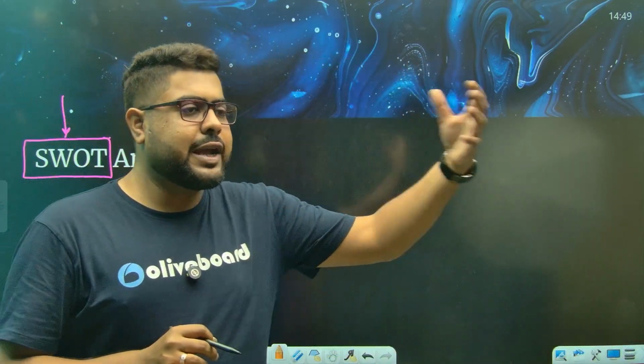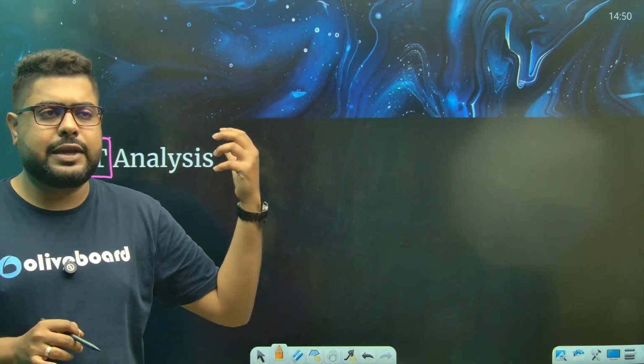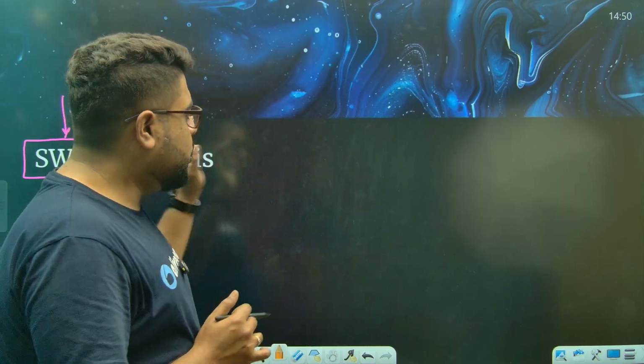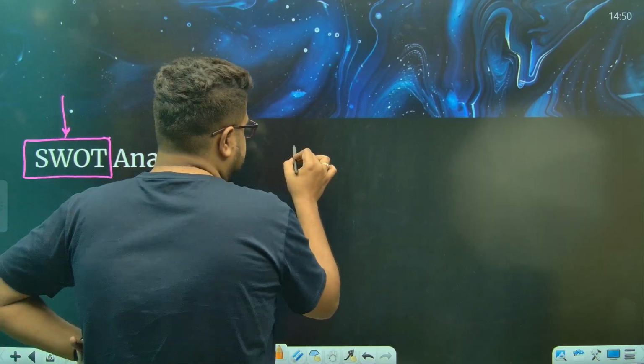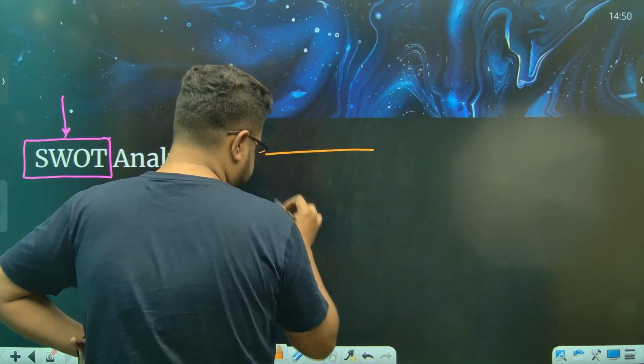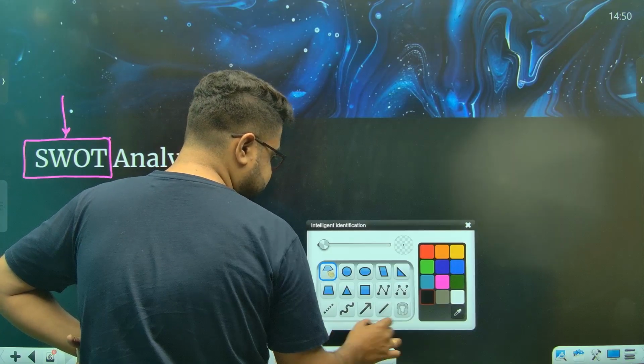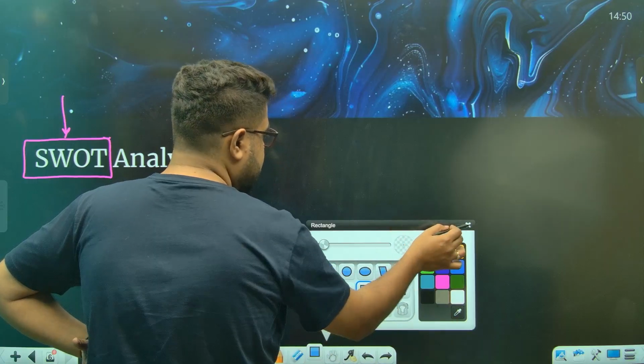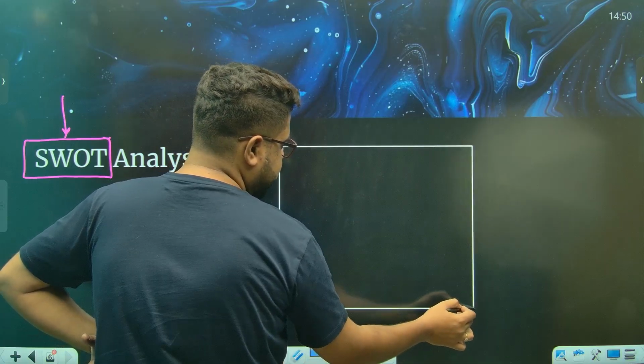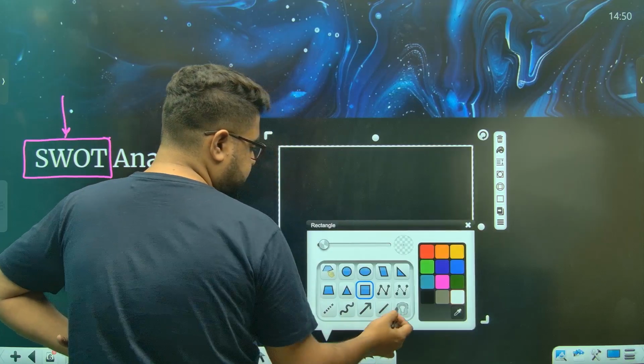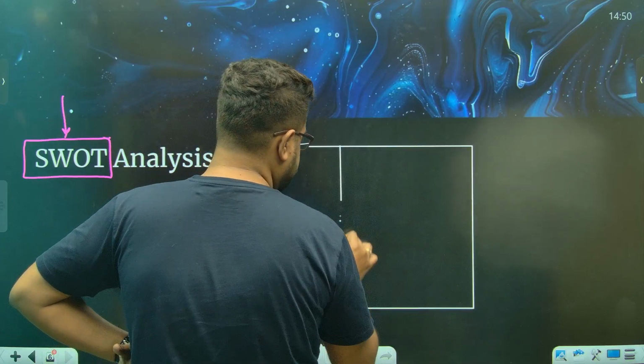Whenever you are getting a question from that chapter in a mock, and you are identifying it that way, that's not proper identification. So what you do, you take a piece of paper like this, and draw 3 columns.